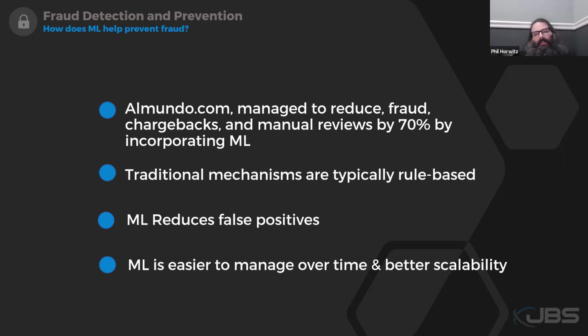And the nice thing about this is that the kinds of ML systems that have been in place for this kind of problem have been in place for a very, very long time. This is a classic classification problem similar to spam detection. Is an email spam or is it not spam? So it's similar here. Is a transaction fraudulent or is it not? These kinds of algorithms have been in use for a very long time and they're very mature.